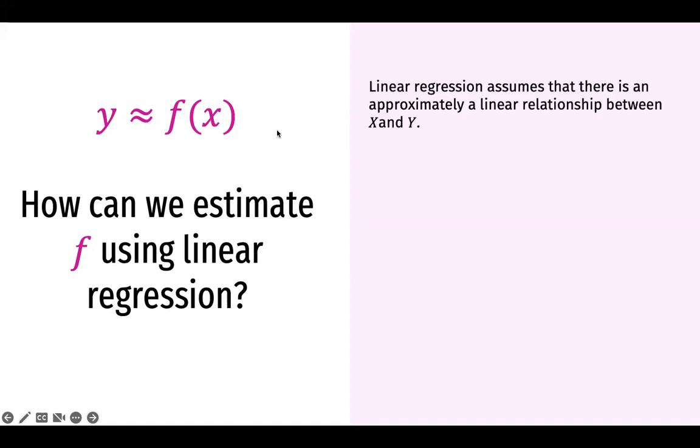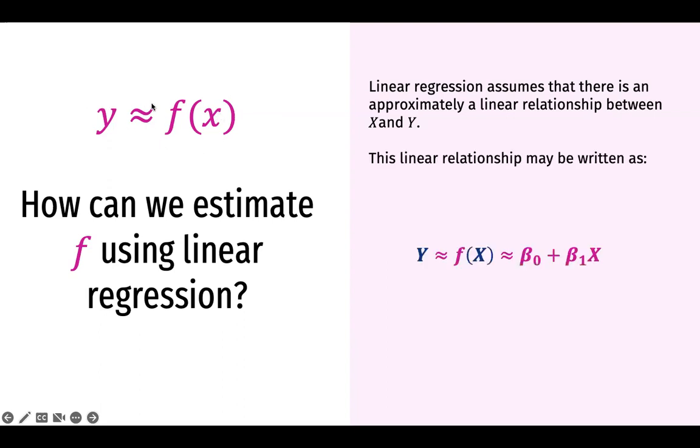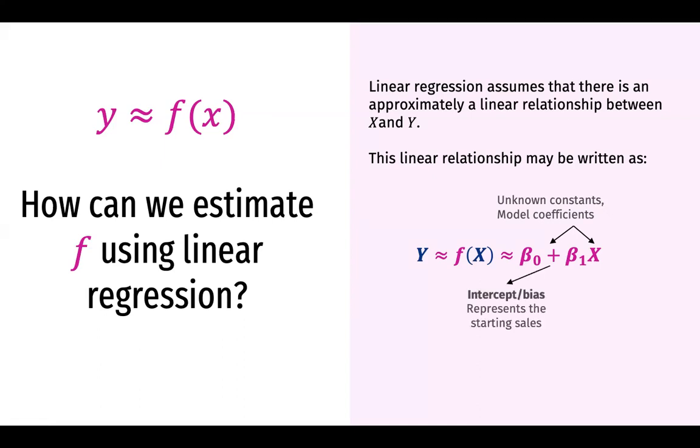Linear regression assumes that there is approximately a linear relationship between the features x and the response y. This linear relationship may be written this way: beta naught plus beta 1 x, wherein beta naught and beta 1 are unknown constants or model coefficients. Beta naught is the intercept or bias.